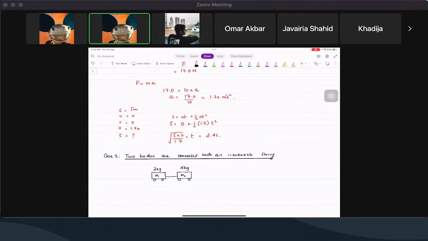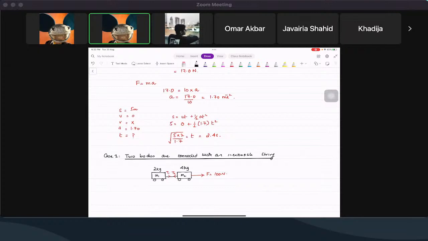Now they are being pulled by a force of, say, 100 newtons, which will cause M2 to have a tension T2 that is pulling M1, and M1 will have tension T1 pulling M2, right? Is it clear, everybody? Yes, sir.